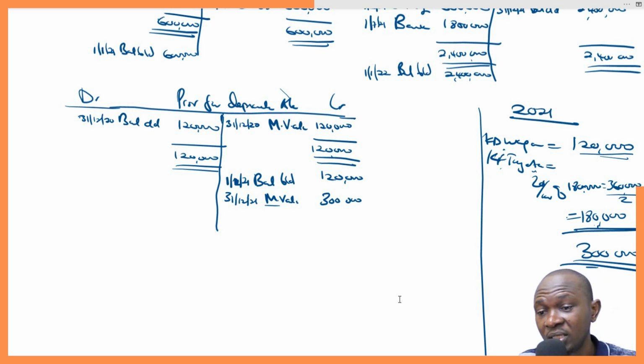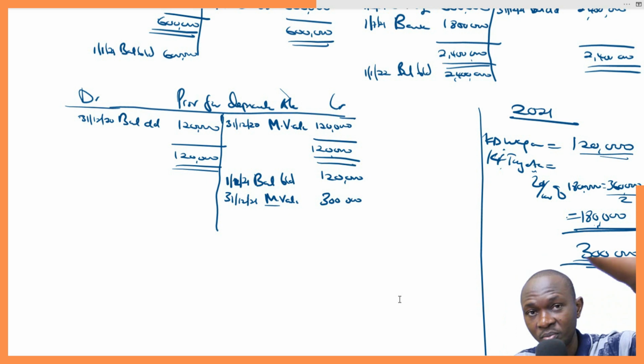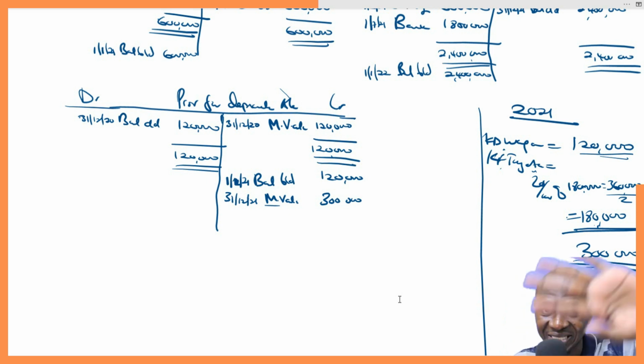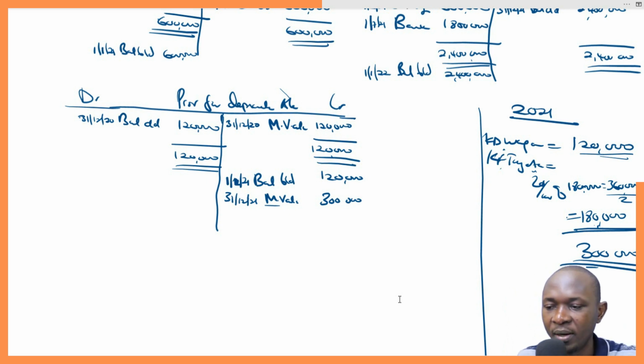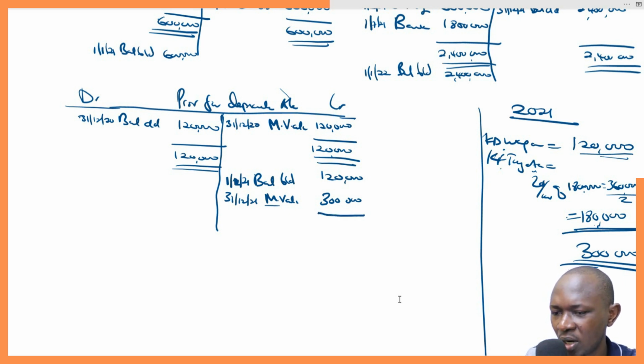Remember in 2020, the KD wagon also depreciated by 120,000, but that's a different thing. We are done with it. So we are computing for 2021. So you might want to show these workings. I'm just trying to give you so many options.